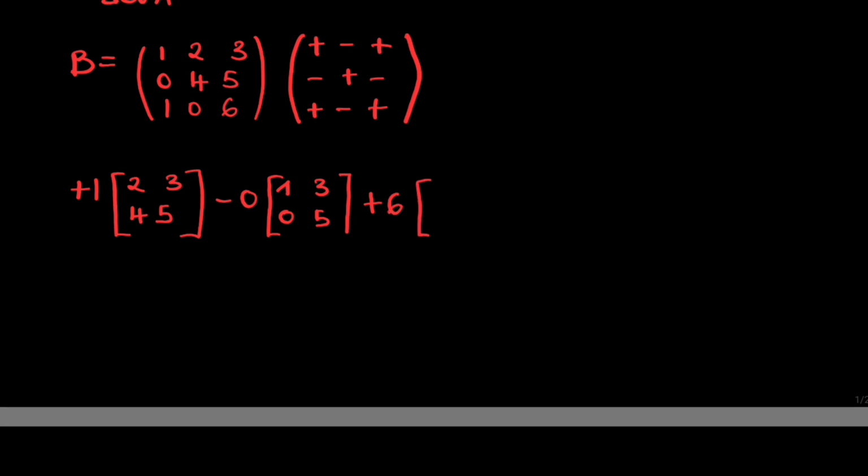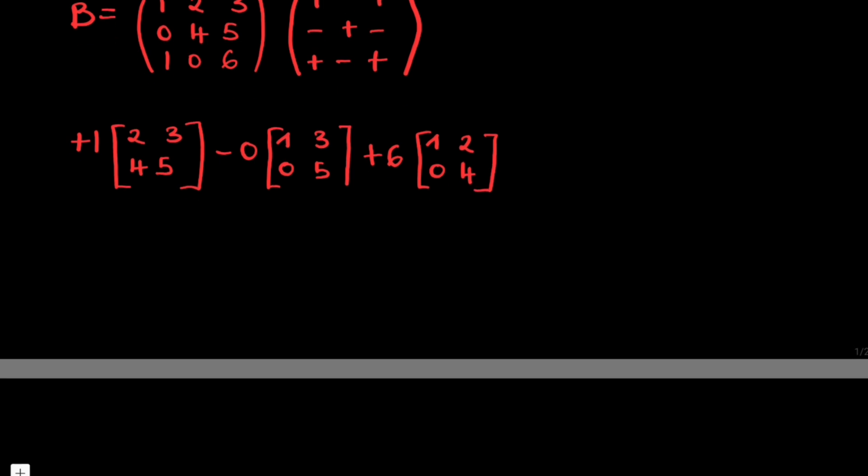Let's delete its row and column. So what is left? 1, 2, 0, 4. And that is all. We have exhausted the rule.